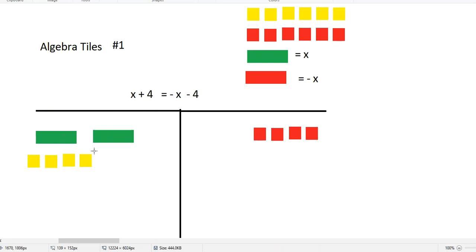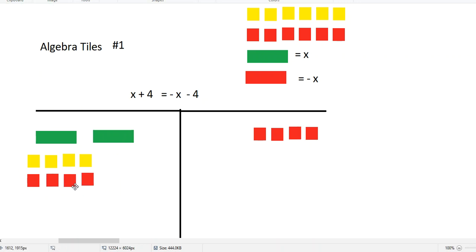How do I get the 2x by itself? Well, I'm going to have to get rid of these 4 here, but there's only one way to do that, and I'm going to have to, one by one, add a negative value. So each of them just pairs up. But you know something? I can do this really quickly.